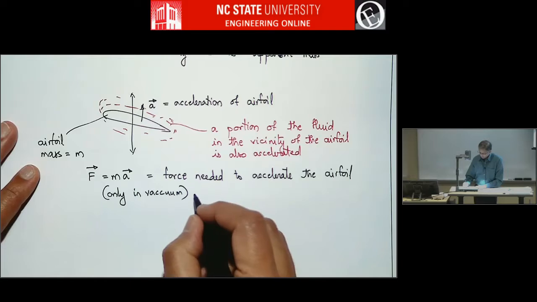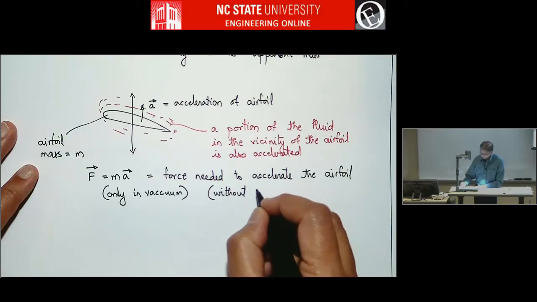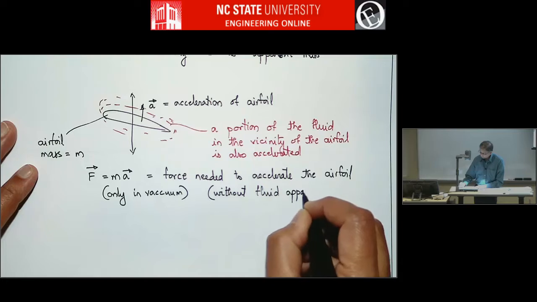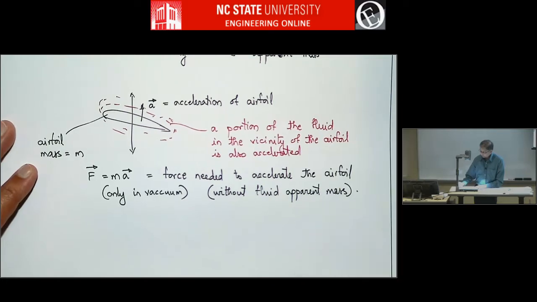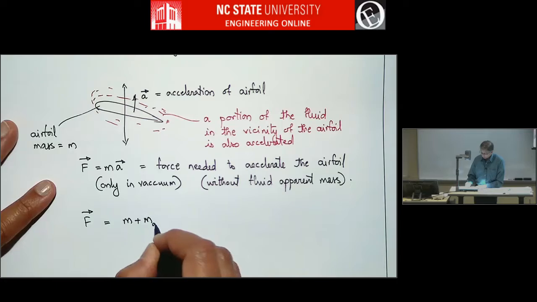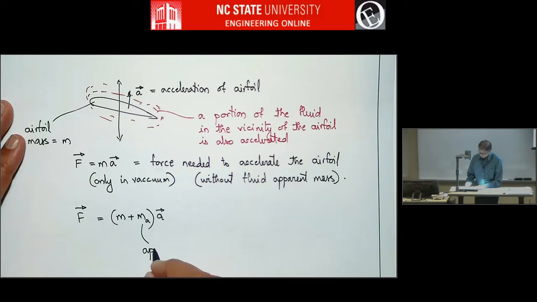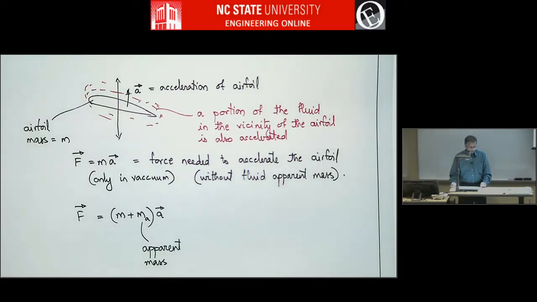So this is without fluid apparent mass. But when you have a fluid, F is not just equal to m, but it is m plus m_a times a, where m_a is the apparent mass, which takes into account the portion of the fluid that is also being accelerated because it's in the vicinity of the airfoil.